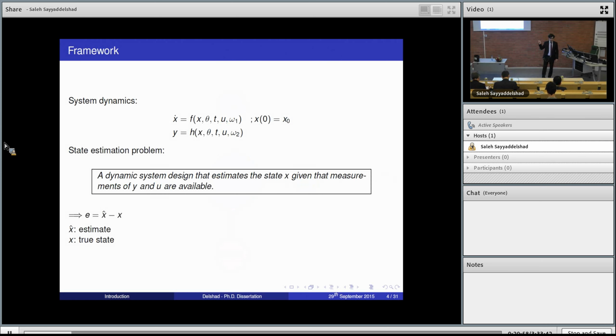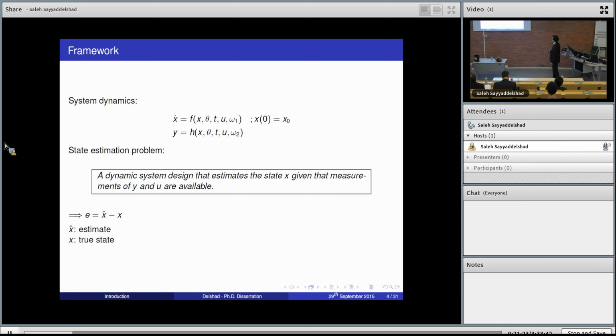Consider the system dynamics, as you see here, which is a function of the state vector, or state variables. The parameters of the system can be functions of time, input, and some disturbances, which is omega. And this system is initiated with some value, which is x naught.